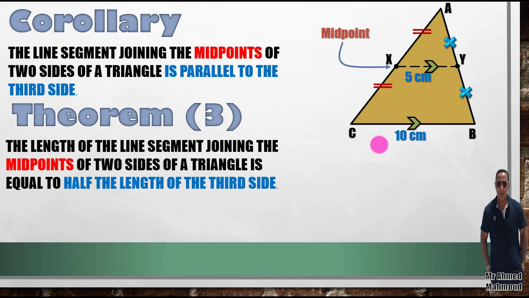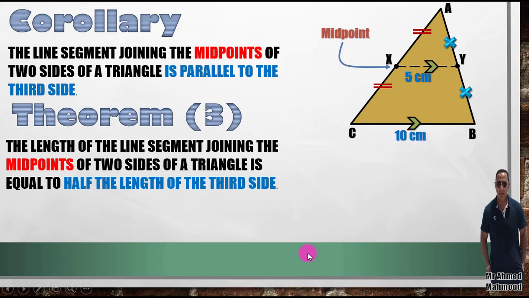For example, if he gave you X is a midpoint and Y is a midpoint, then you will conclude that XY is parallel to the base and XY is half the base. Another case: if he gave you X is a midpoint and XY parallel to BC, then you conclude, first, that Y is a midpoint and, second, that XY equals half BC.